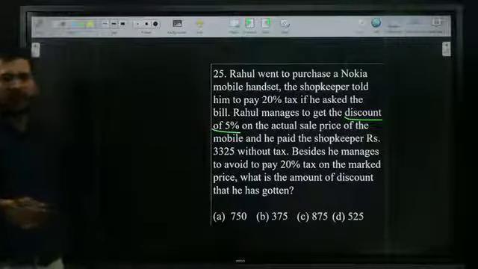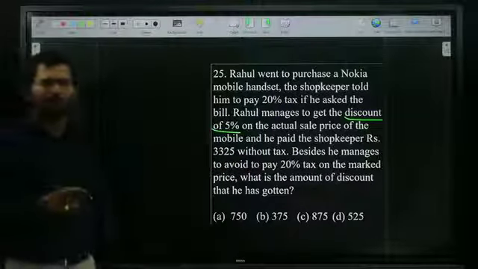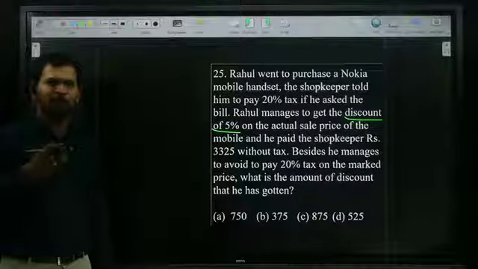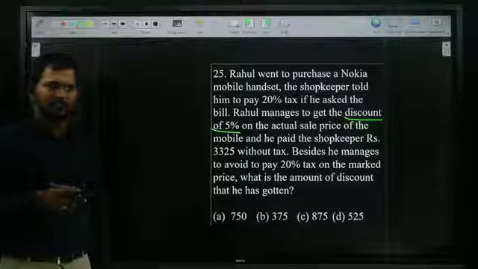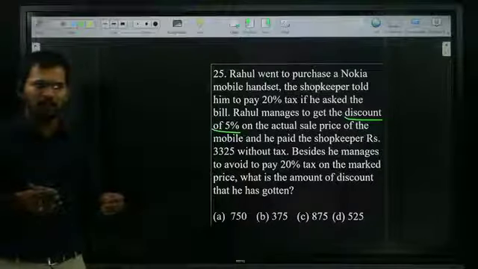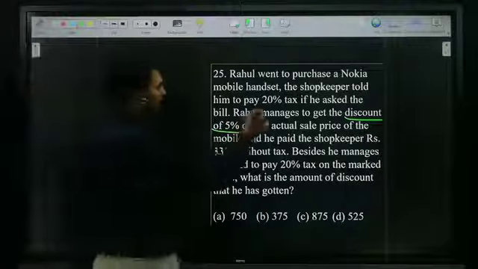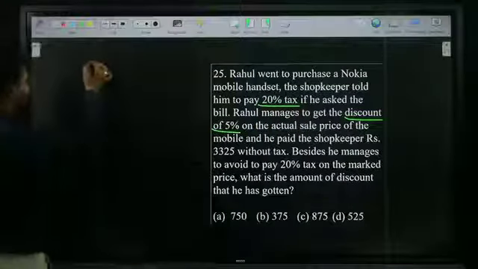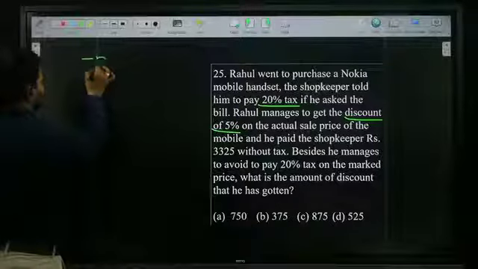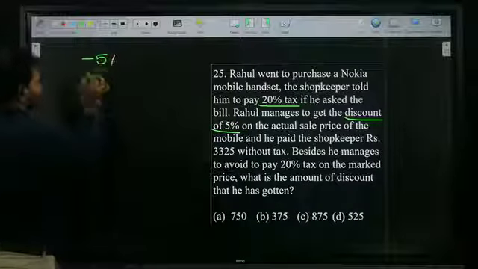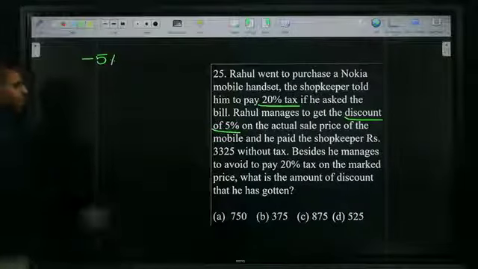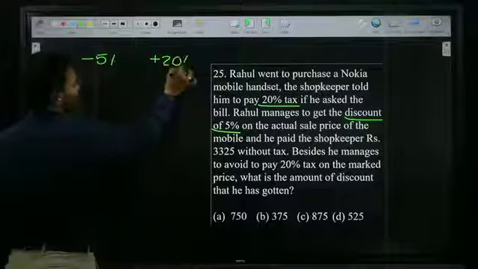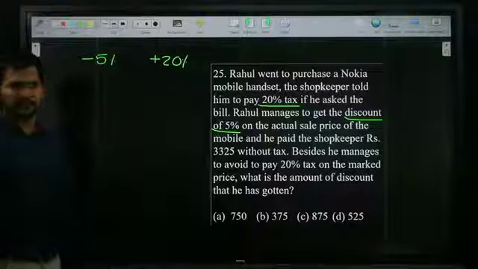But whenever he goes to the shop and asks for the mobile handset, the shop owner says, if you ask for the bill, you have to pay 20% tax. So the discount is nothing but 5%. But if you ask for the bill, apart from the original MRP, you have to pay 20% tax.